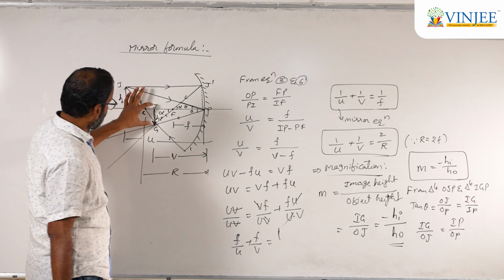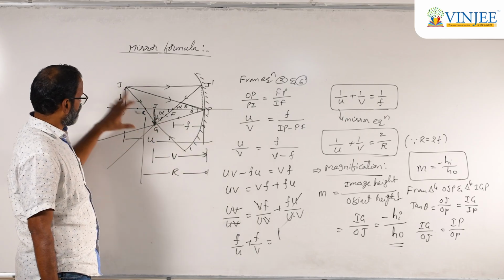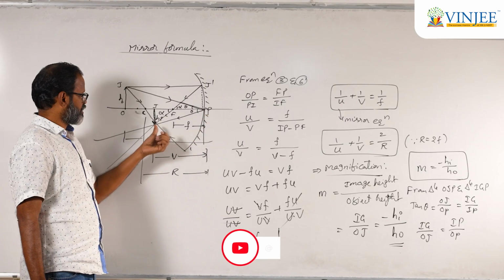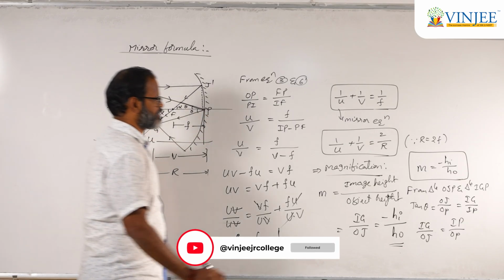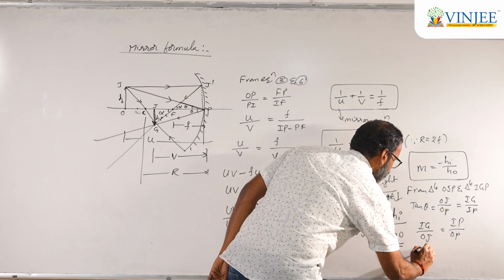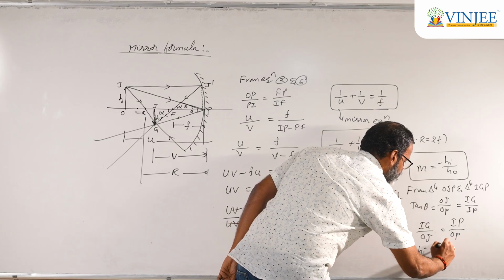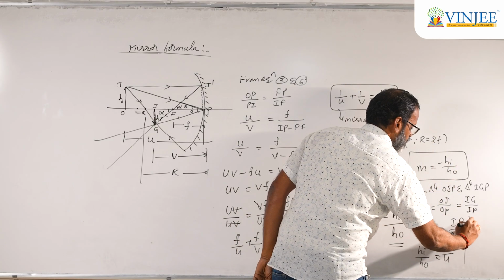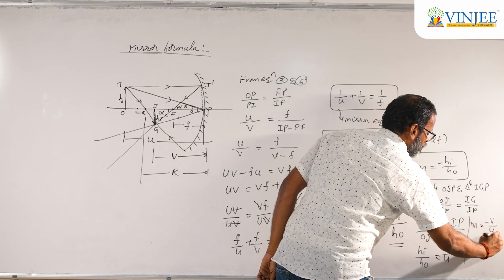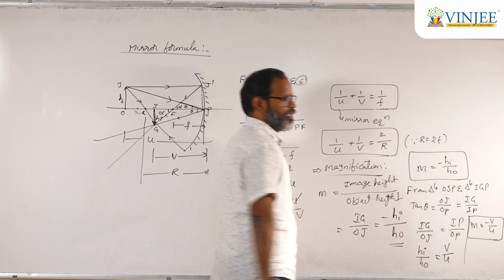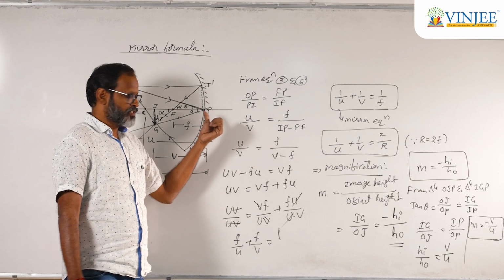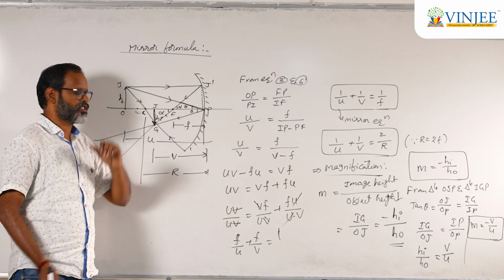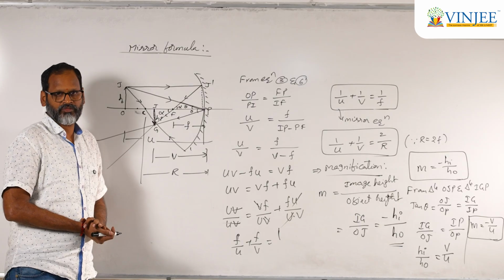From the diagram, IG is equal to the height of the image, OJ is equal to the height of the object, OP is the object distance, IP is the image distance. This can be written as HI by HO is equal to V by U. This is replaced by magnification is equal to minus V by U. Remember, magnification is negative for real images and magnification is positive for virtual images.